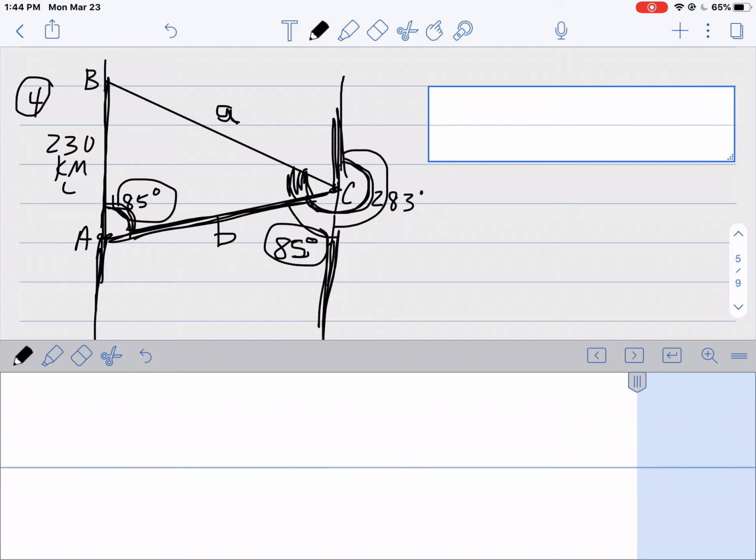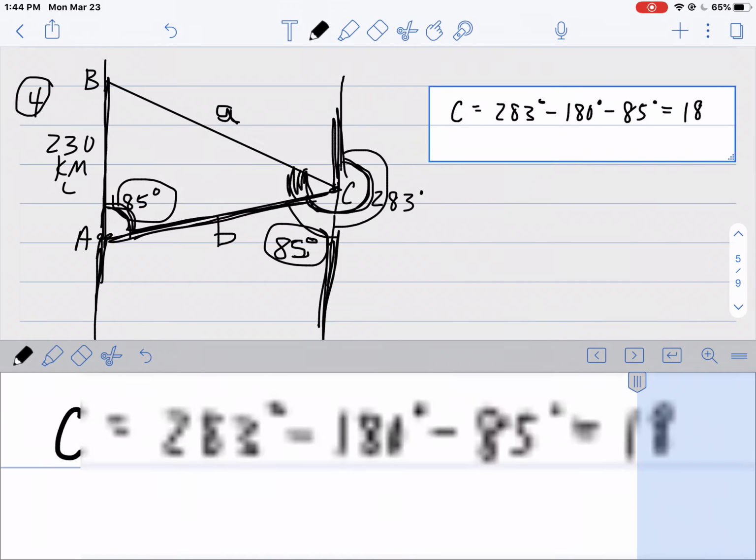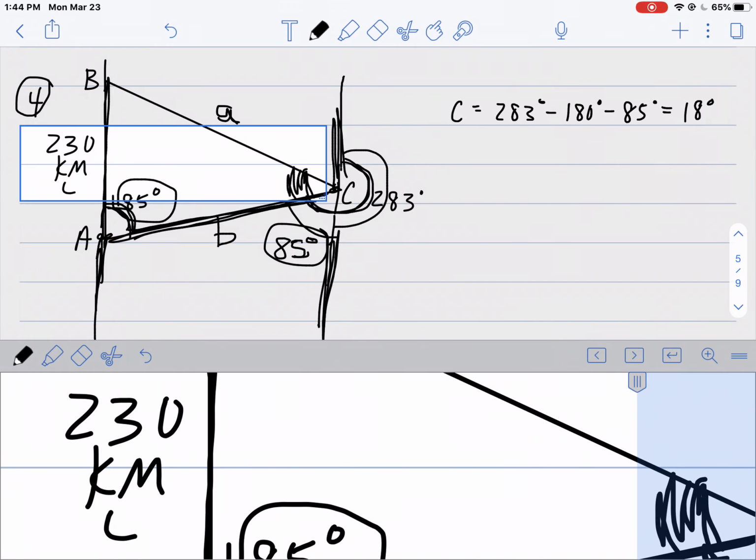So I'm just going to say that angle C, and the angle C I'm referring to is the angle in our triangle, would be that 283 degrees minus the 180, and then minus that 85-degree angle that we found. And that'll leave us with 18 degrees. That's the measure of angle C.